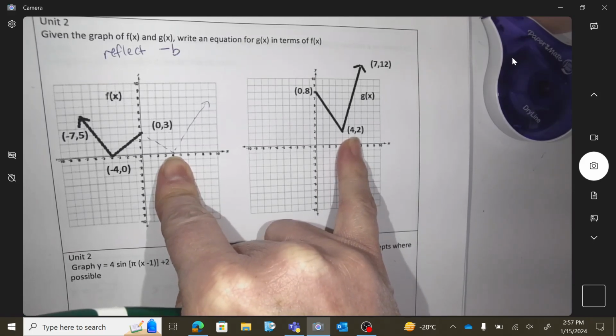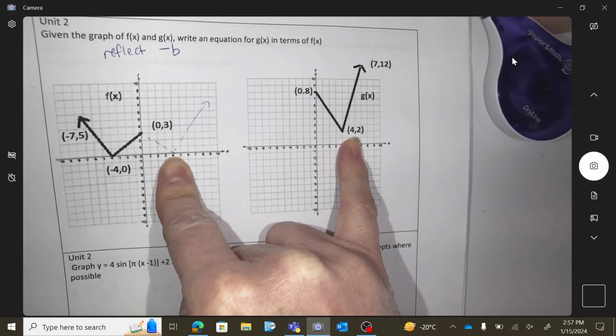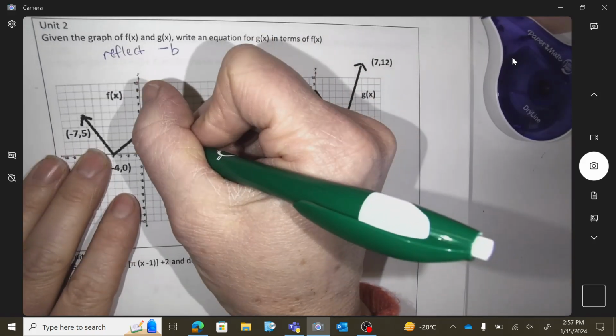Stretches, compressions, or reflections? Looks like you get higher. Higher is an up movement, so I'm not there yet. I want to make sure I've done all my multiply and divides. It looks like there's a vertical stretch. Okay, there is a vertical stretch.